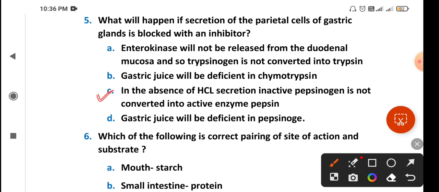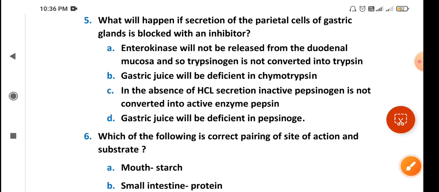Let's check D option. Gastric juice will be deficient in pepsinogen. No, pepsinogen will keep on being secreted, but there will be no secretion of HCl if the parietal cells are blocked. Okay, now let's move to the next question.